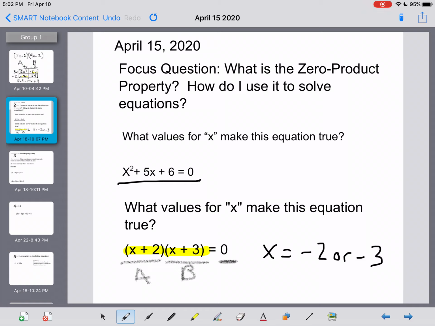So just so you know, these two equations are equivalent because if you expanded x plus 2 times x plus 3, you would get x squared plus 5x plus 6. So it's a lot easier to solve this equation if it is in factored form. So remember, factored form, expanded form.